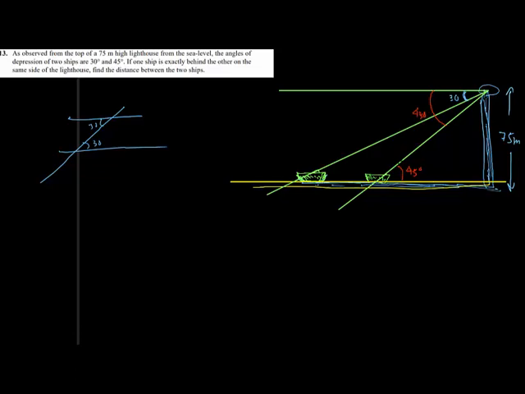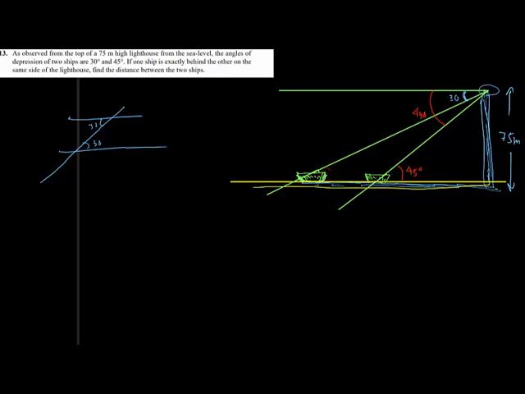Now you forget this line and see the line which is in between. This is also two parallel lines and one transversal cutting them. If this is 30, then this is also 30, right?